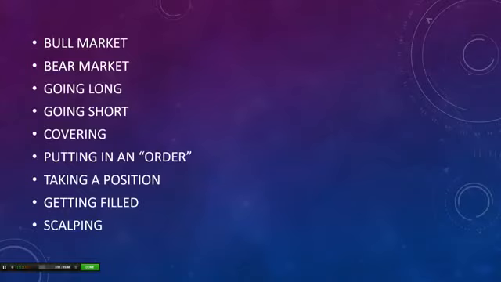So, if you take the reverse of that, going short is you're hoping that the stock goes down, you're hoping that the price goes down, and you're buying it high and selling it low. Or the real way that shorting works is you short it, meaning you sell it first and then you buy it later. Because when you short it, you're selling shares that you don't actually own.